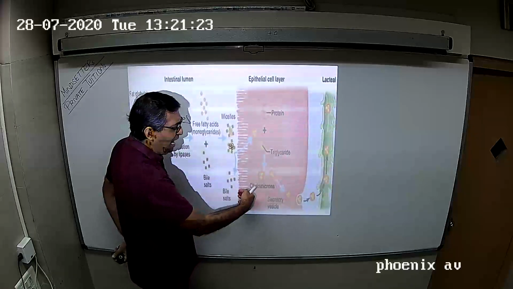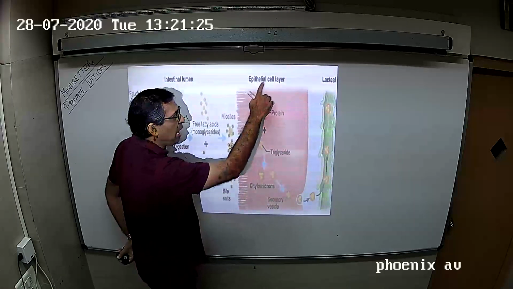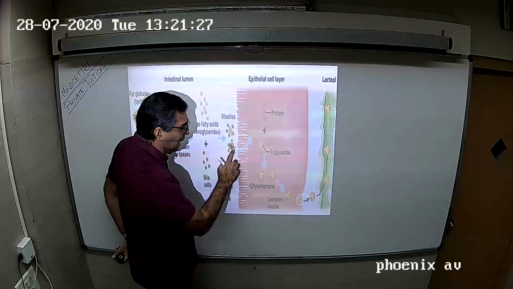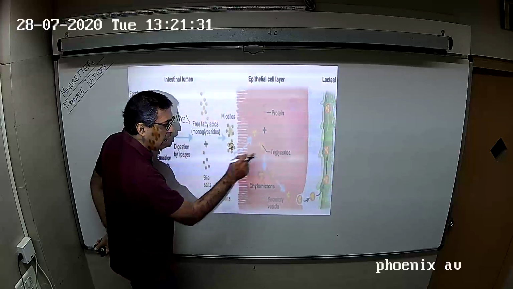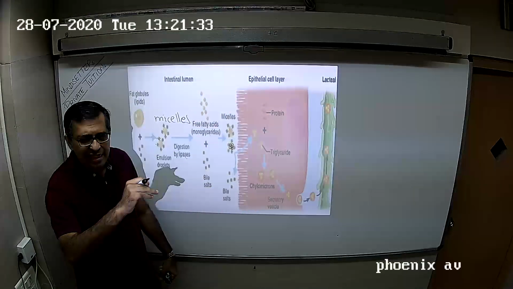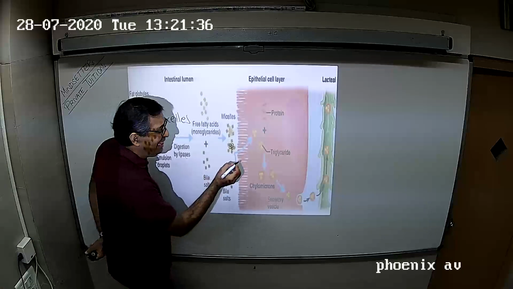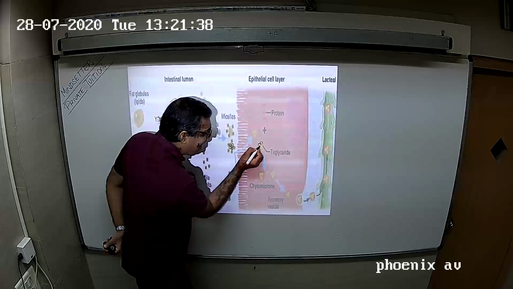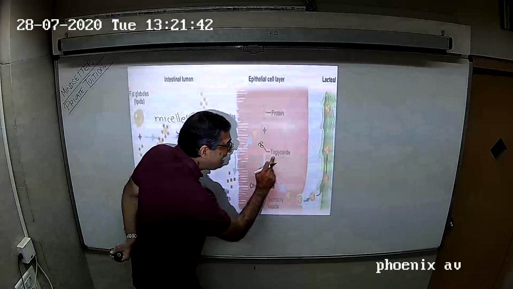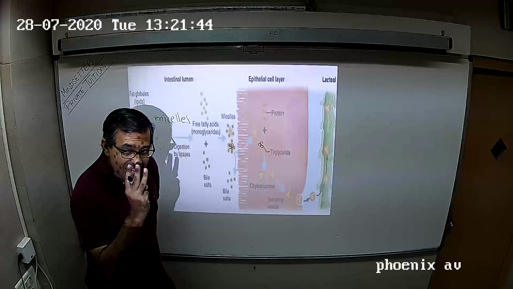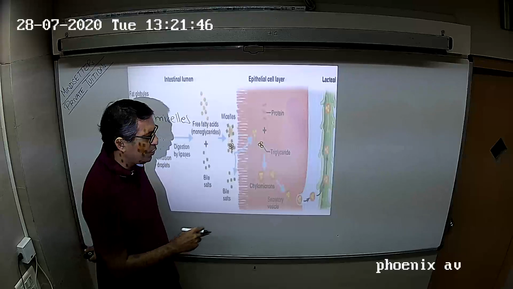Villi with microvilli, और ये epithelial cell layer के अंदर फैट चले जाते हैं bile salt की मदद से. Now बहुत ध्यान से सुनना. 3 glycerides, which is now called a triglyceride.